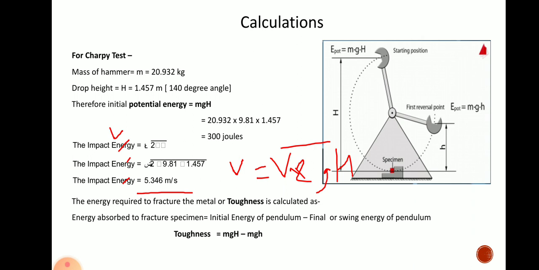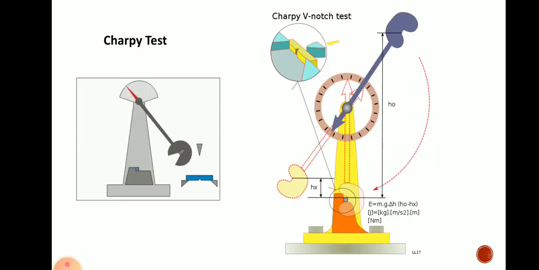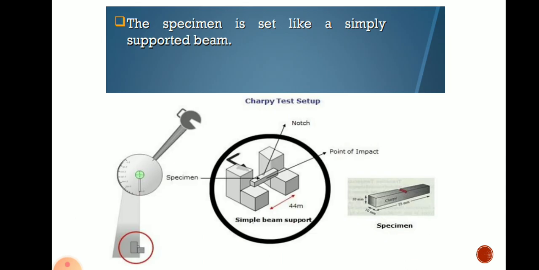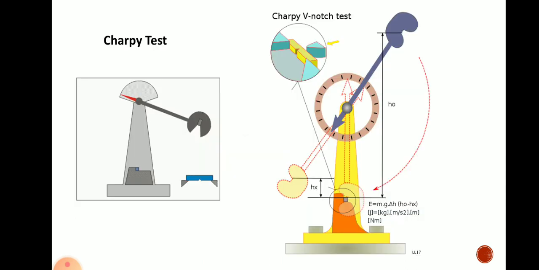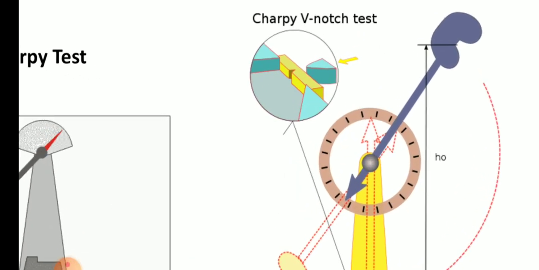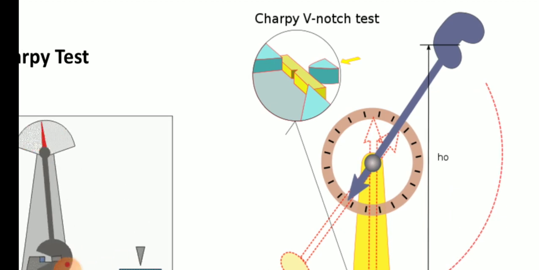So these are some calculations in which we have found the toughness, the impact velocity and the initial potential energy for the Charpy test. Just remember that for the Charpy test we place the test specimen in a simply supported manner, with the V notch exactly on the side opposite to the hammer hit.